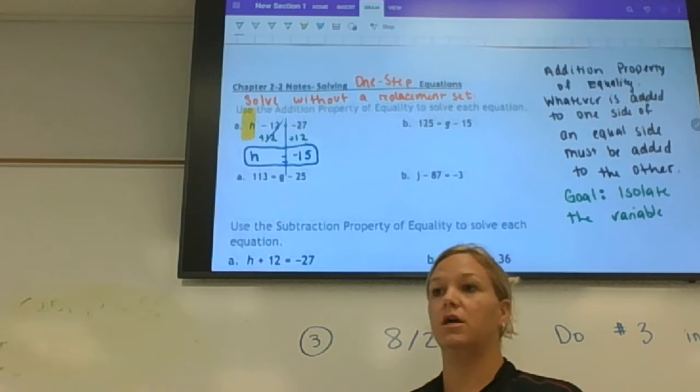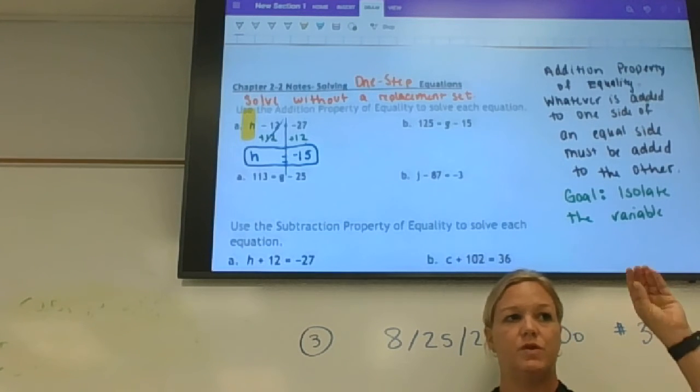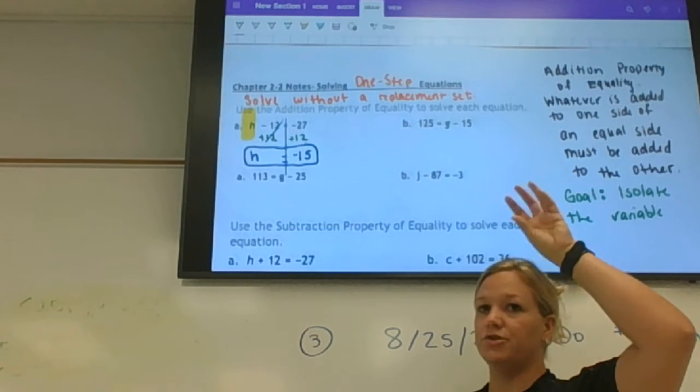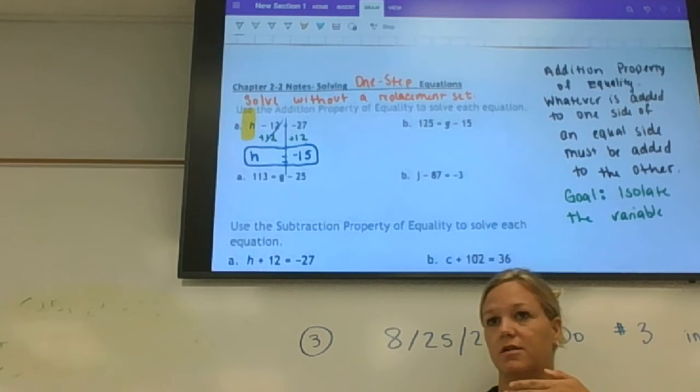So some of y'all are doing this already in your head and you were able to say that's negative 15. But using the property of equality and just adding the 12 to both sides will just give you that number.